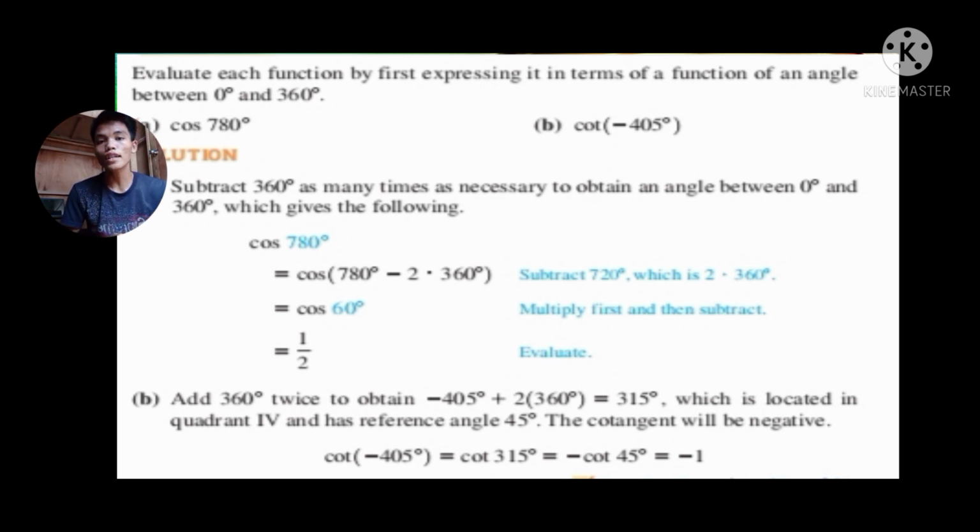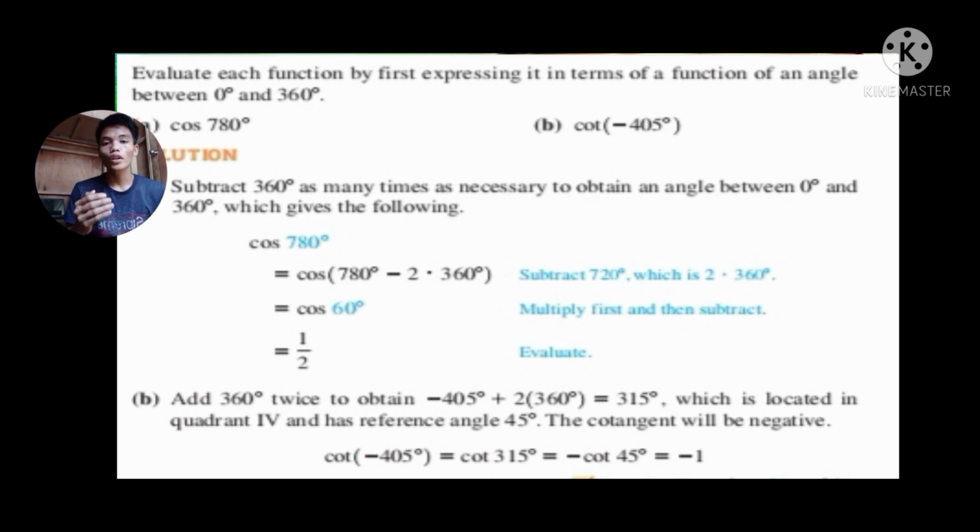So 780 degrees minus 720 degrees is equal to 60, so cosine 60 degrees. So multiply first and then subtract, then we evaluate. As we tackled in example 4, the substituting value of cosine 60 degrees is positive 1/2. Now let's move on to the next situation.